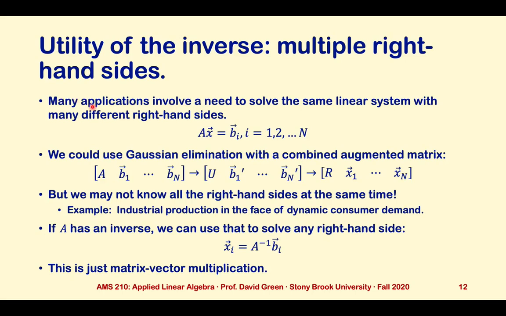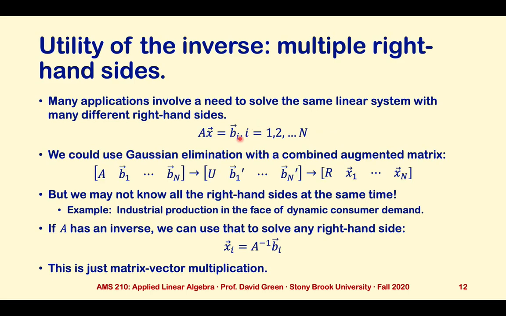First of all, many applications involve a need to solve the same linear system, that is, the same system with the same coefficients, with many different right-hand sides. We might phrase that this way: A times X equals B_i, where there's some set of different right-hand sides.